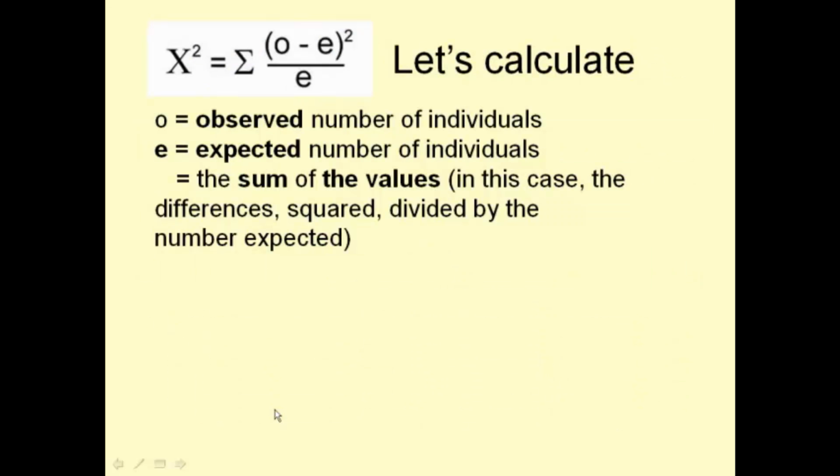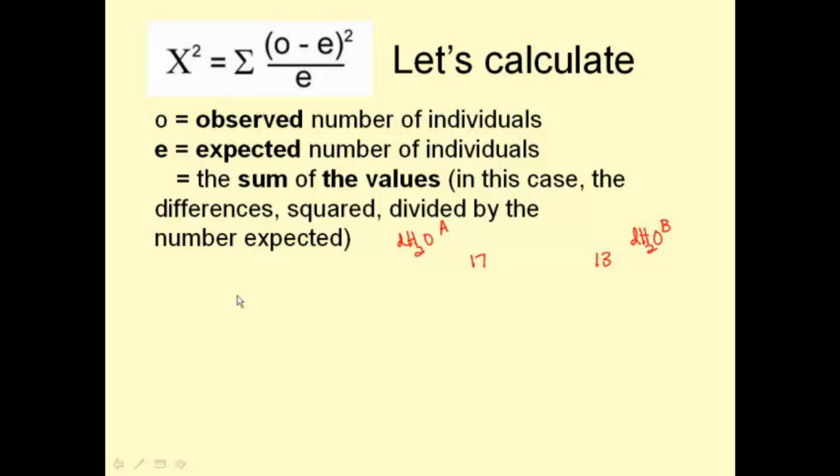So let's say when you did water, the distilled water on side A and the distilled water on side B, let's say you came up with 17 flies on side A and 13 on side B at the end of 5 minutes.